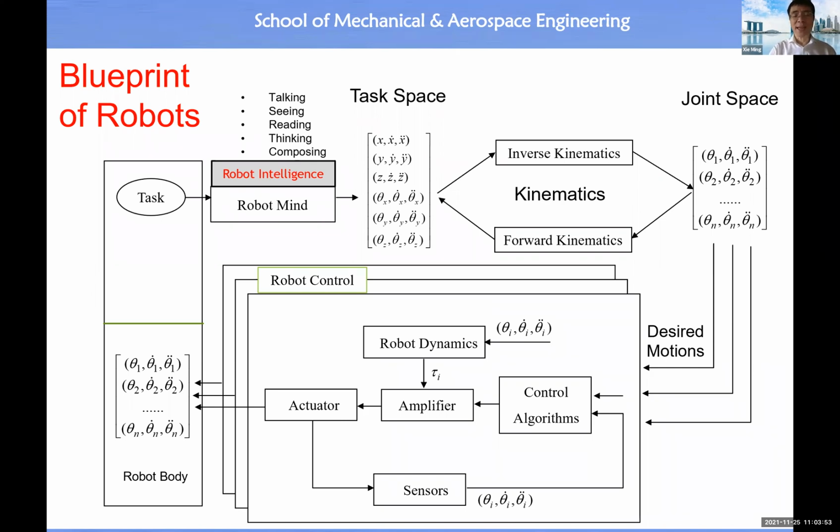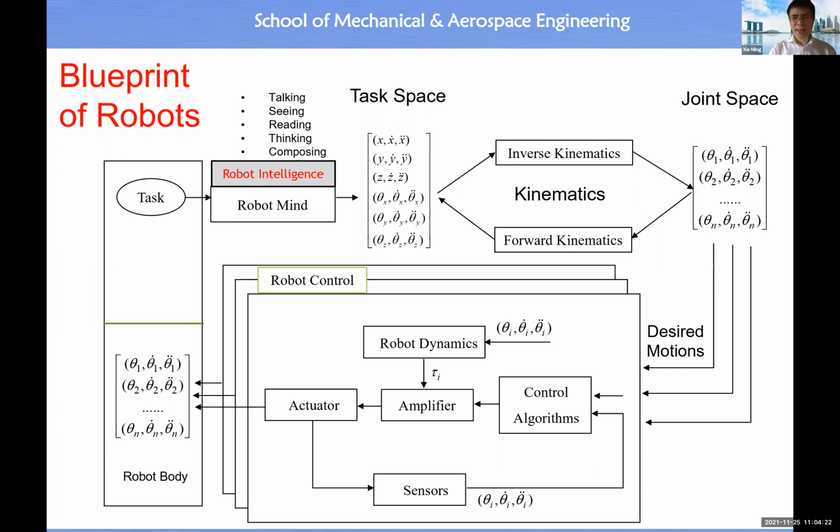Then the output from module 1 must be physically executed or performed by the mechanical system of your robot. Therefore, module 2 will help you to study the knowledge which will enable you to design the robot's body.